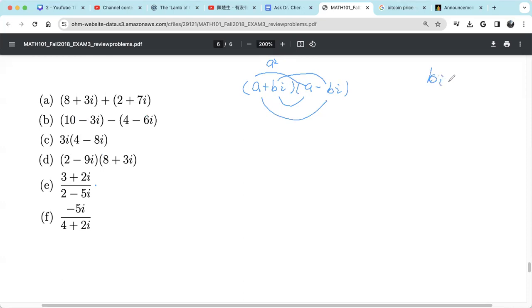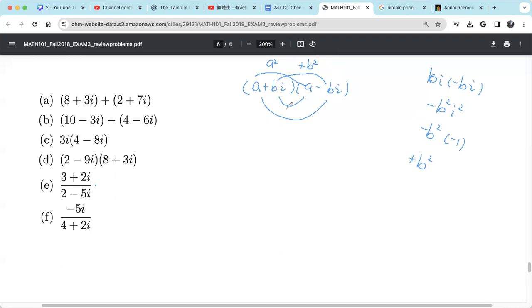Positive times negative is negative. So b times b squared, i times i squared, and i squared is -1. Negative and negative become positive. So this becomes plus b squared. So bi times negative bi is a positive b squared.